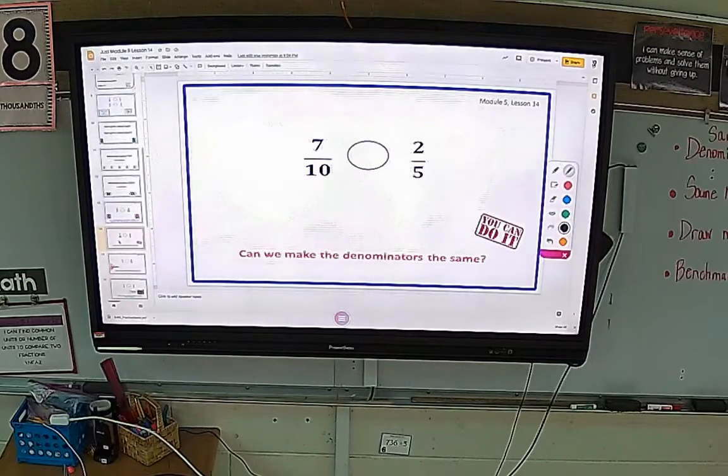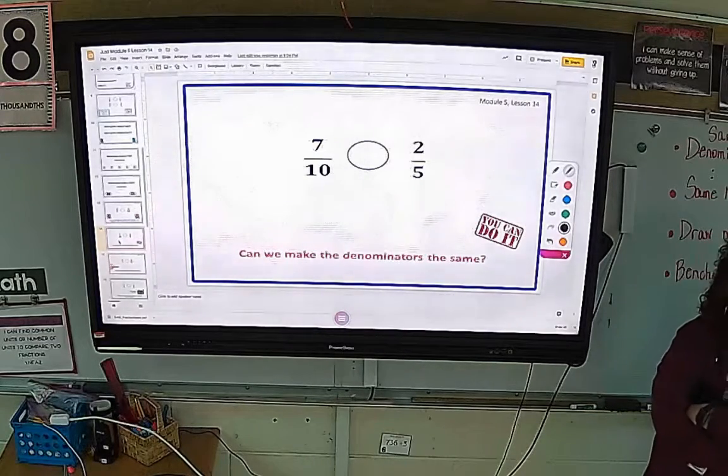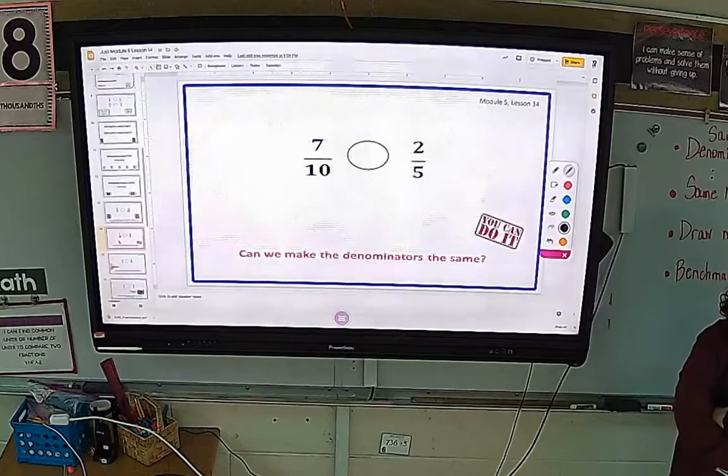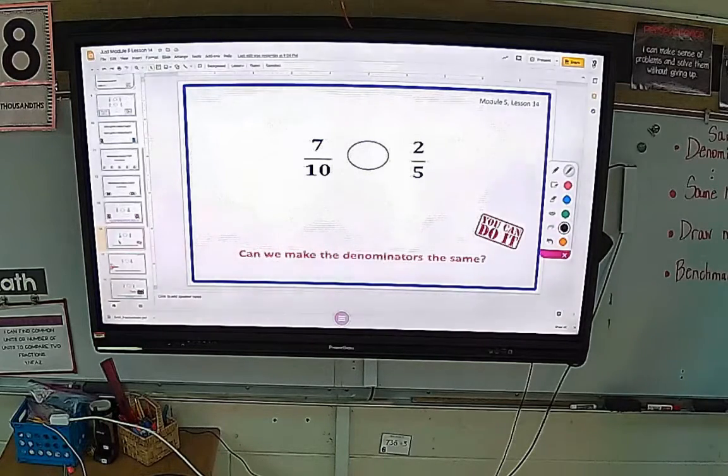Is that possible? But keep in mind, you've got to create an equivalent fraction. We know how to do that. We know that earlier we multiplied the numerator and the denominator by the same number, or divided the numerator and denominator by the same number, and we got an equivalent fraction.